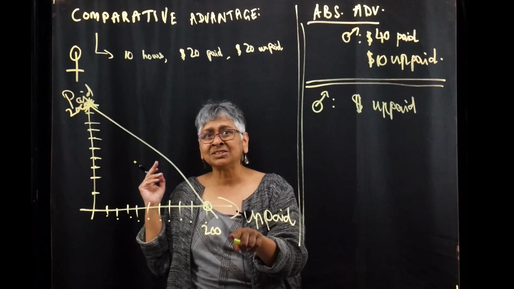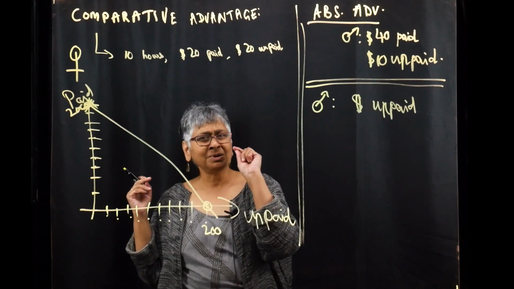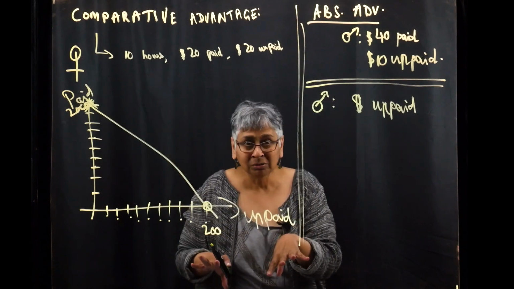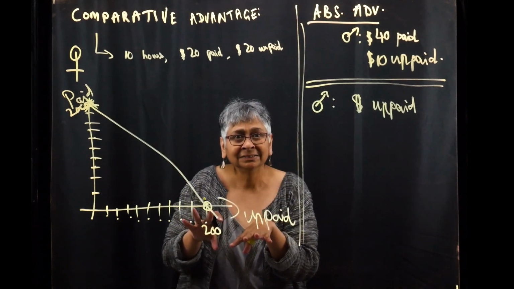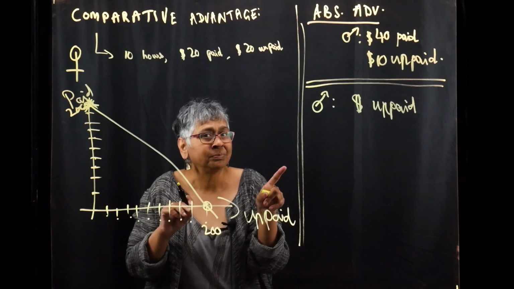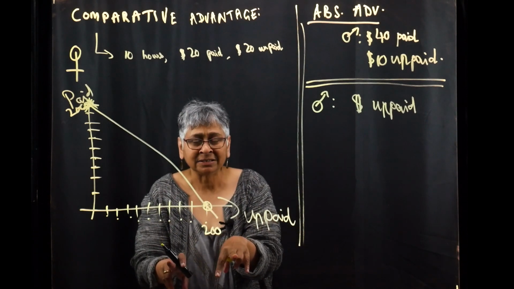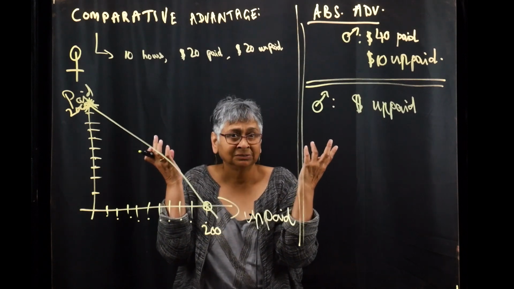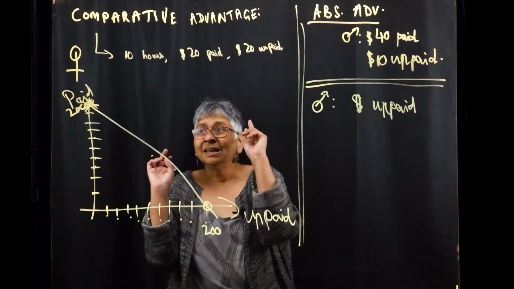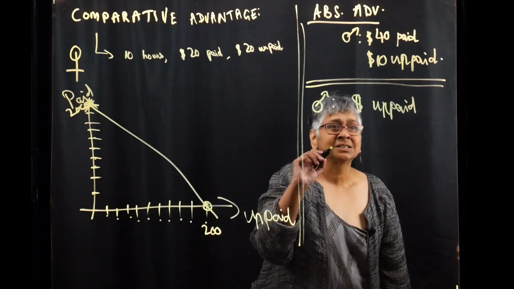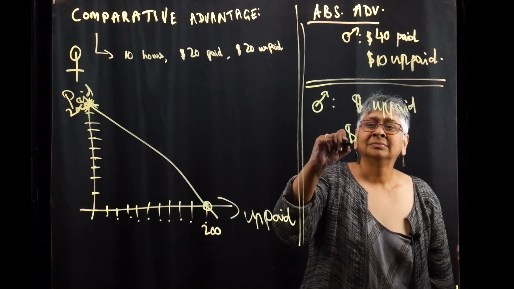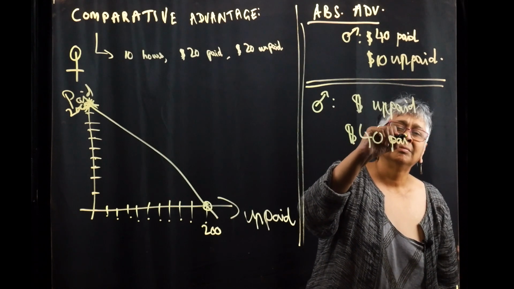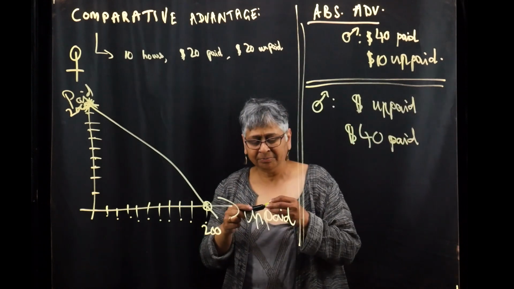Our feminist guy. But, because of sexism, not at home, because he's a great guy, but in the marketplace. Not because he's bad, but because it's just the world. It's just reality. He gets twice as much as her.